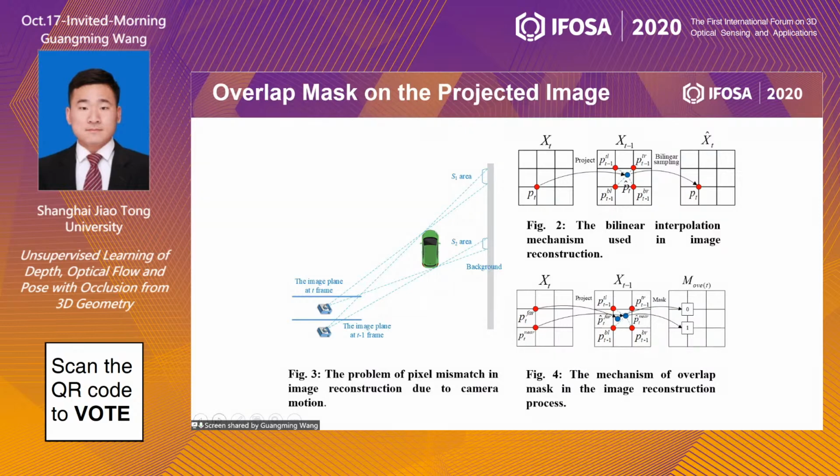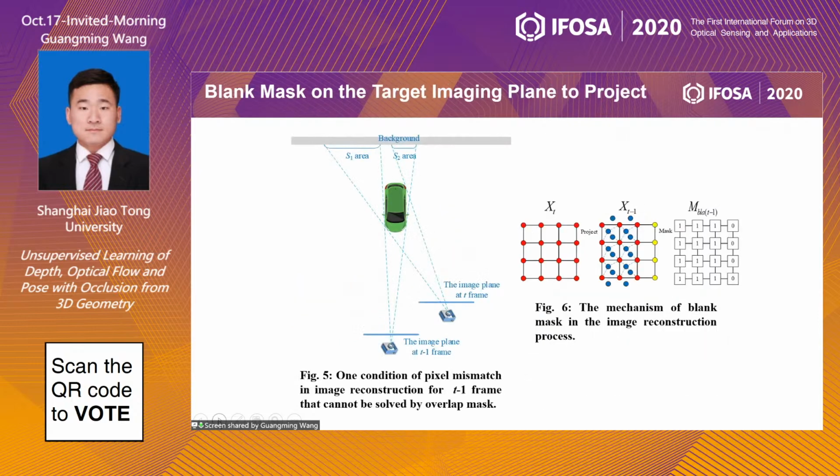Oh, I see. Do you need to design different masks for different occasions? We design the overlap mask and the black mask just for the occlusion condition.